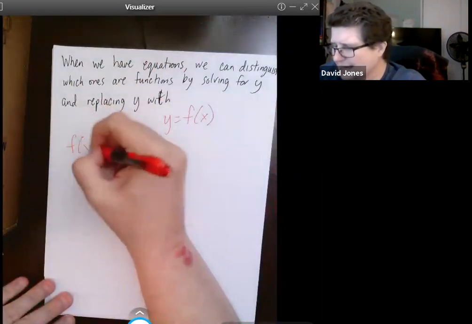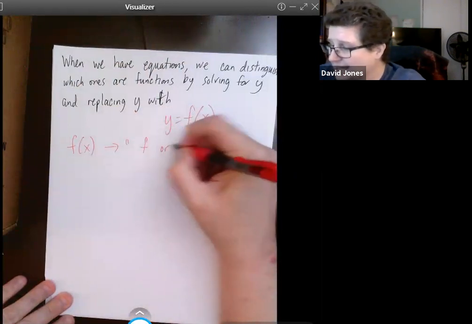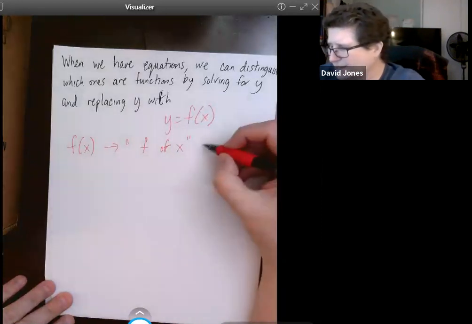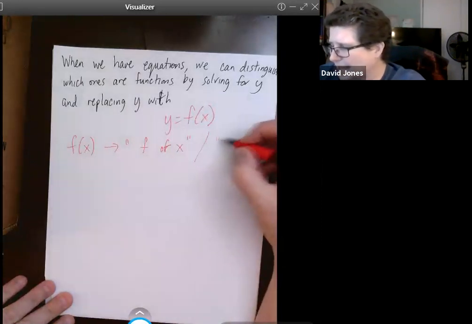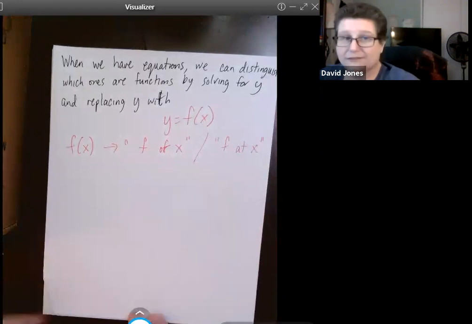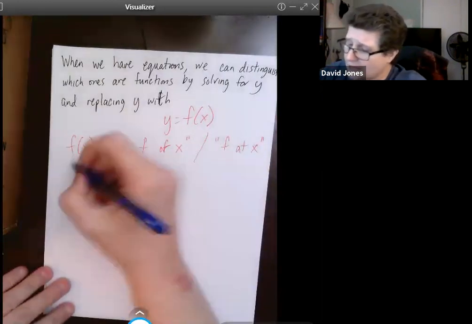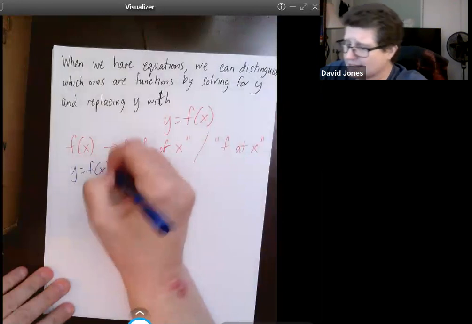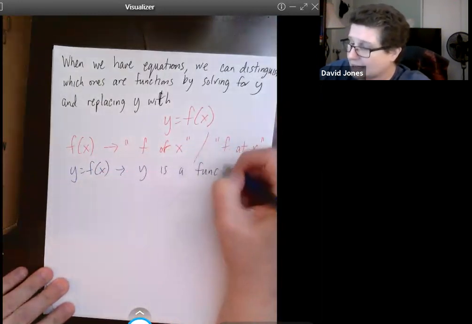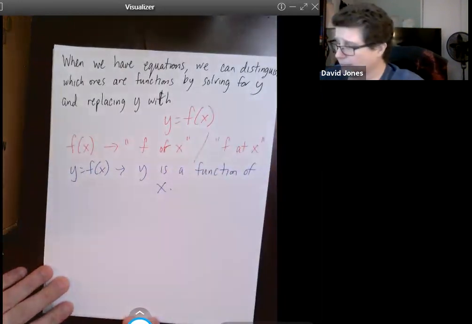F parentheses x is most commonly read as f of x. Sometimes you might hear f at x, but that's less common. Most people say f of x. And y equals f of x says y is a function of x.